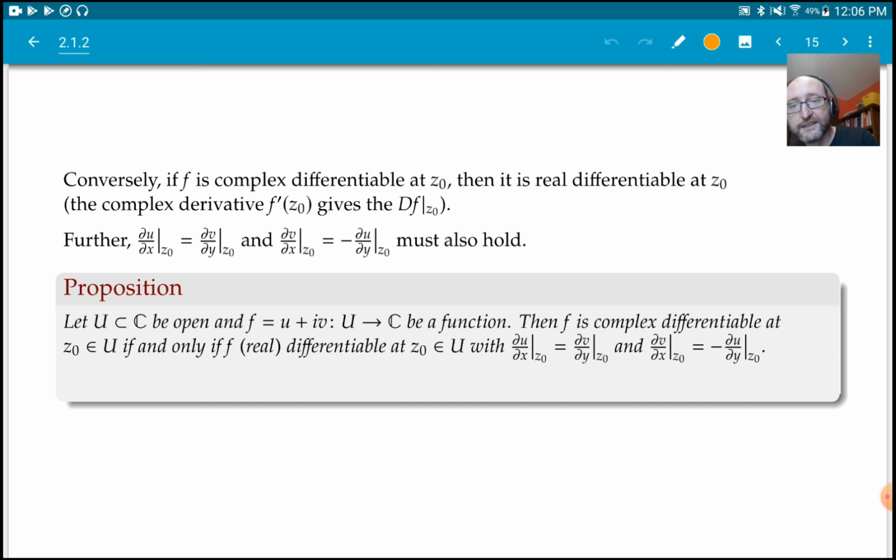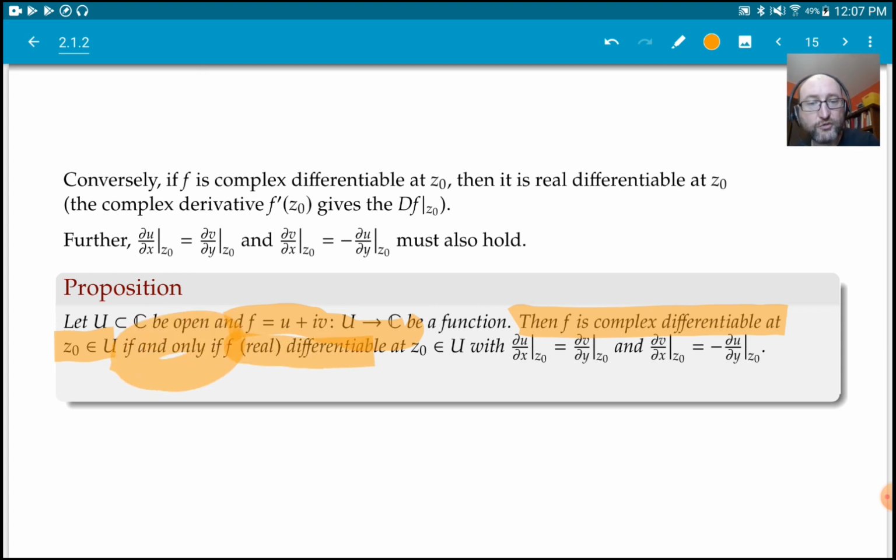We proved that if we have a function defined on an open set U, then f is complex differentiable at some point z0 if and only if f is real differentiable at that point, and you satisfy these Cauchy-Riemann equations at that point. So if you are real differentiable and satisfy the Cauchy-Riemann equations, then you're complex differentiable, and vice versa.